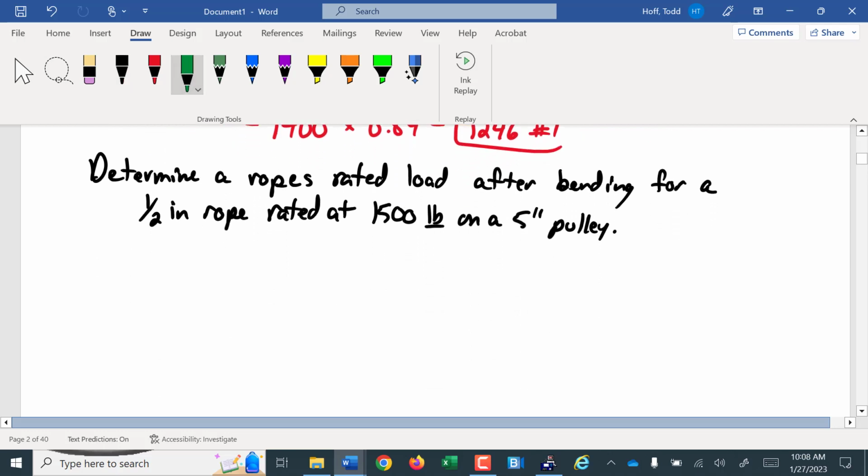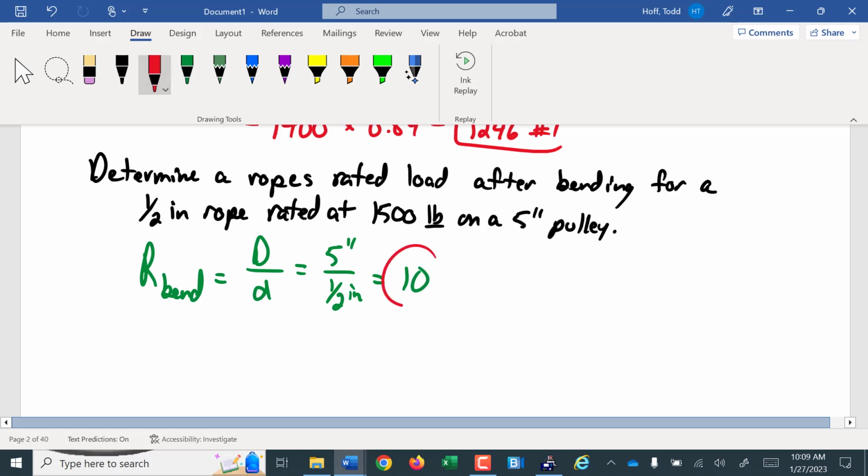So what is the first step we need to do? We need the bending ratio, the ratio of the bend, which is the diameter of the pulley over the diameter of the rope. So yes, 5 inches over 1/2 inch gives us 10. So that is the bending ratio.